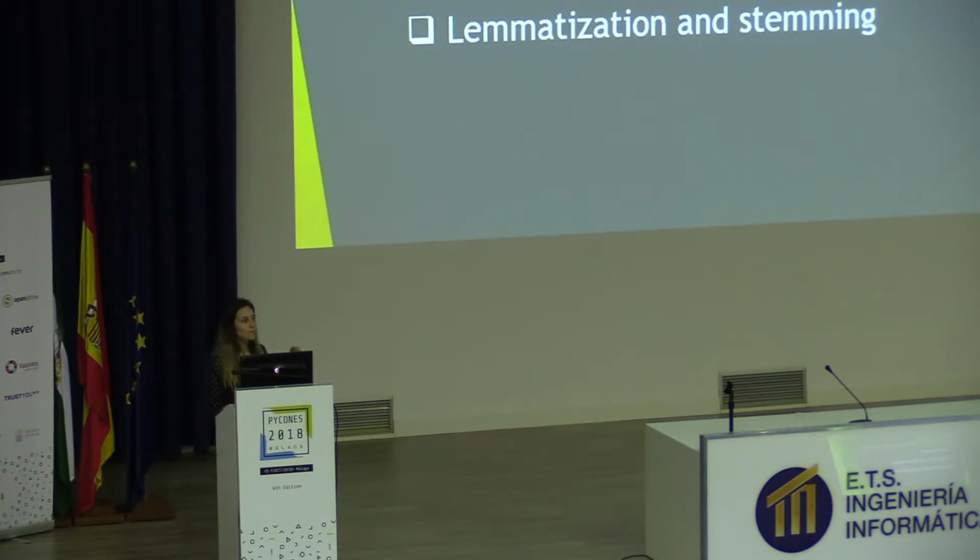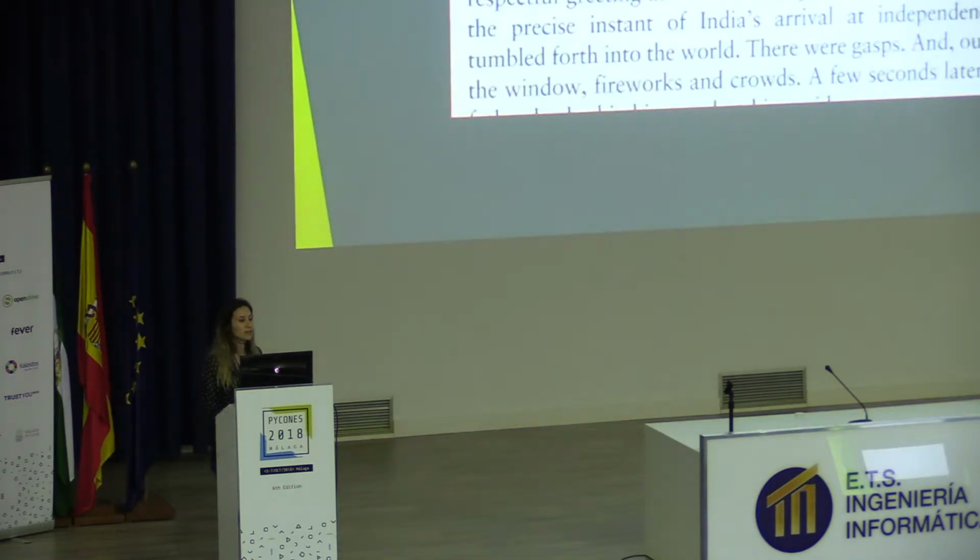So tokenization is very important. I don't know if you know the word, but tokenization is splitting the text into units or elements. So you need to define what an element or a unit is for you. Because you can say, okay, I'm going to split by spaces. Well, it's okay.